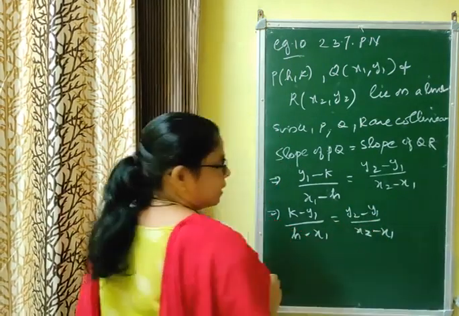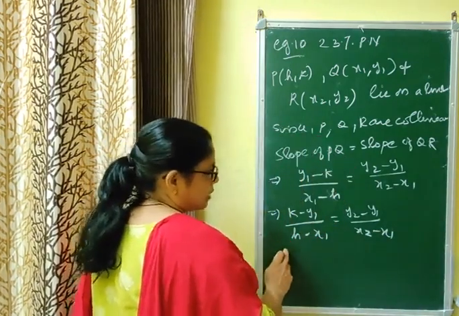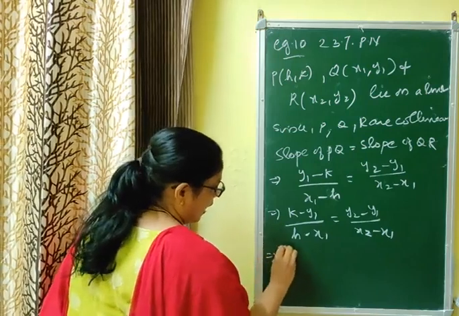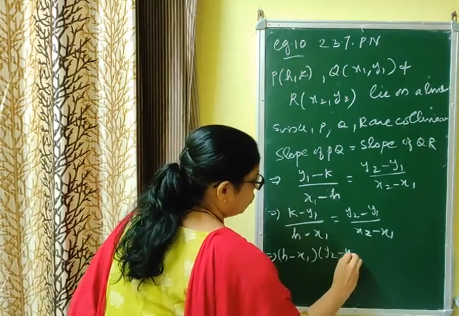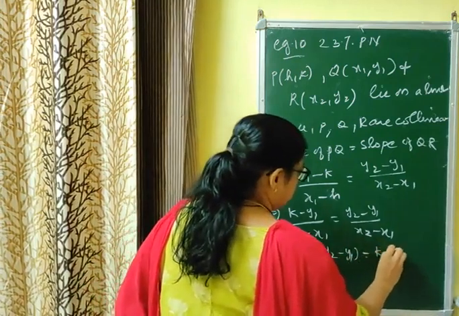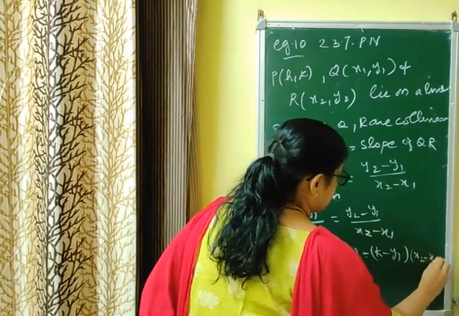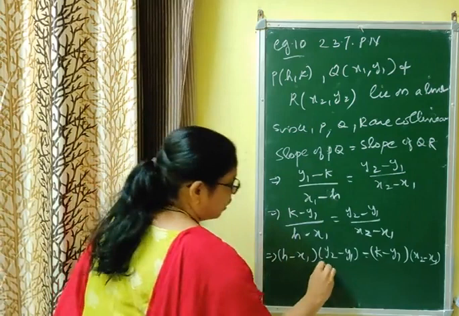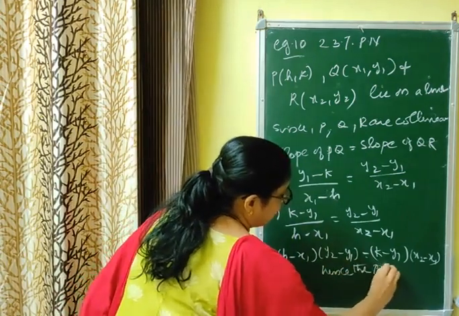Now you have to arrange as per the required condition. You are asked to prove that h minus x1 into y2 minus y1, by cross multiplication, is equal to k minus y1 into x2 minus x1. That is the thing you are asked to prove. So you can conclude: hence proved. That means we have proved.